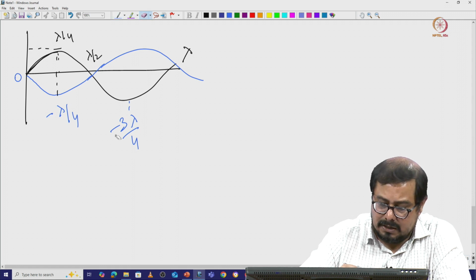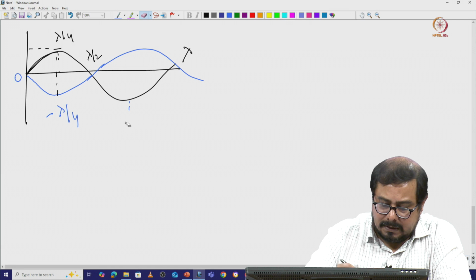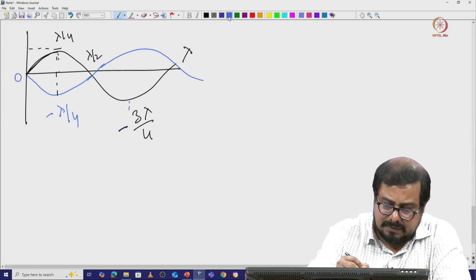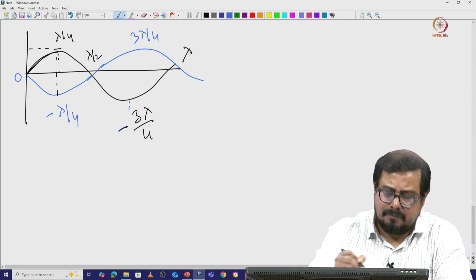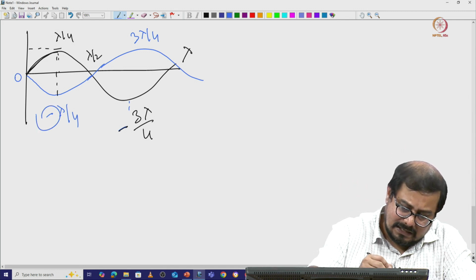It will be better to use this one. Where we have minus 3 lambda by 4, this one is coming 3 lambda by 4. You can see the major difference is this sign, right.